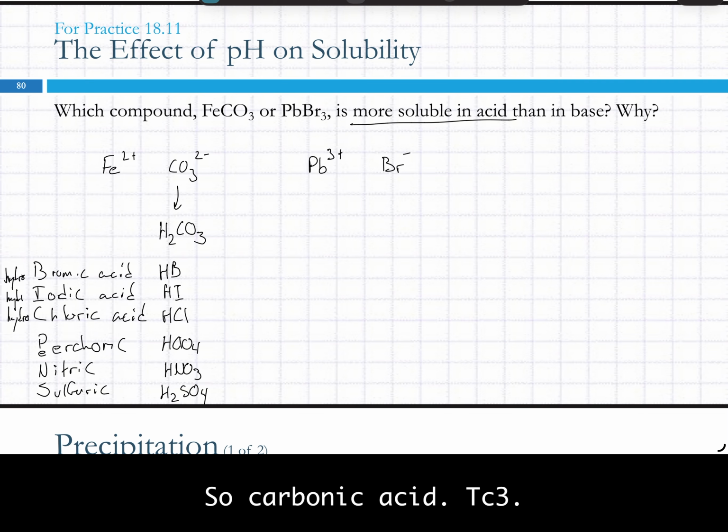So carbonic acid, H2CO3, is not on that list.